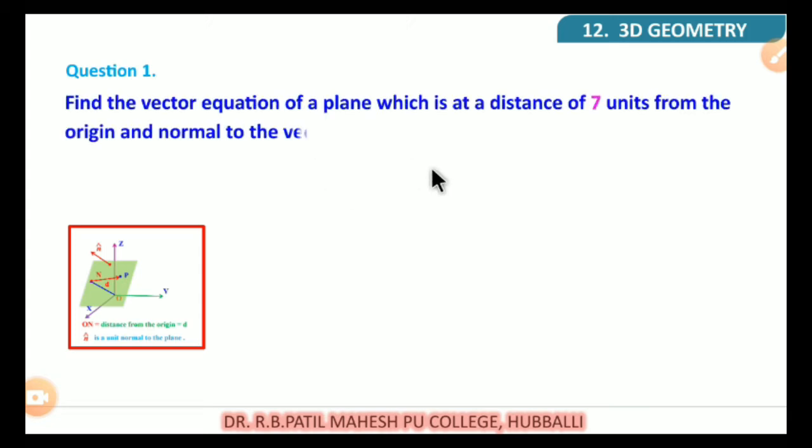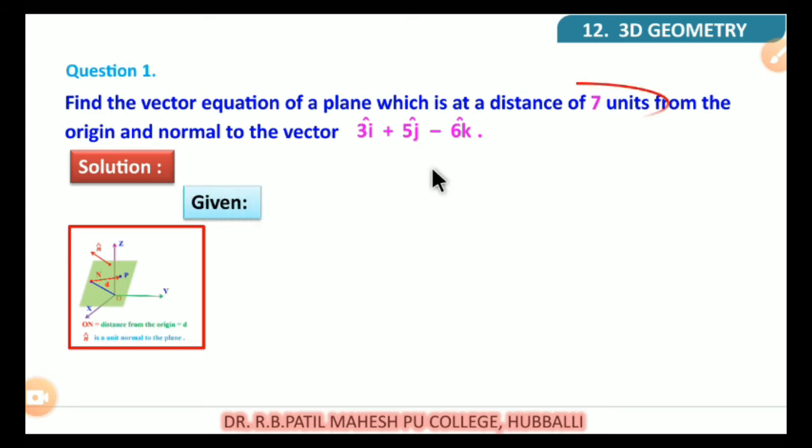Find the vector equation of a plane which is at a distance of 7 units from the origin and normal to the vector 3i plus 5j minus 6k. So here we can find the vector equation by using this data.